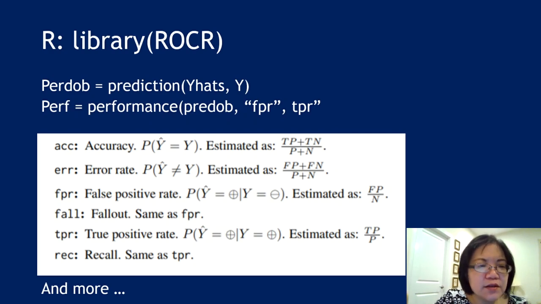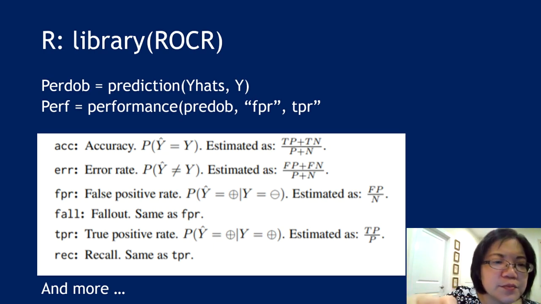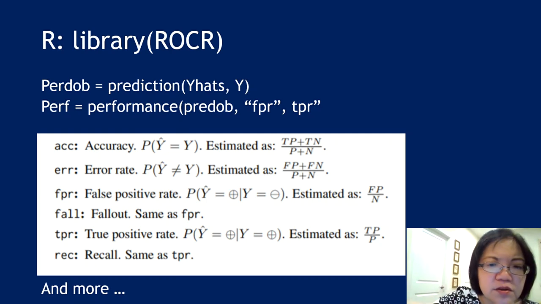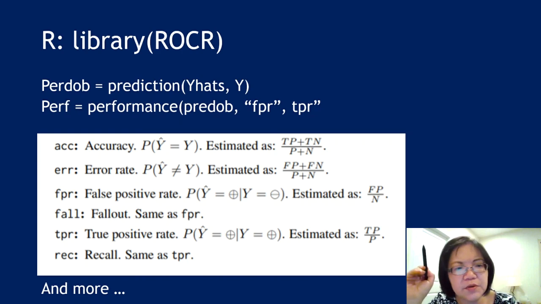Okay, so finally in R, I just want to remind everybody there's a very convenient library called ROCR that you can use to produce the ROC curve. In order to do that, you first of all have to build a prediction model using the predicted y hats versus the actual y. And once you build this prediction model, you can use that here, oops, missing a parenthesis, to build your ROC performance curve.